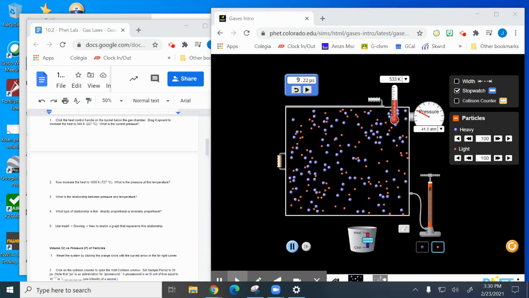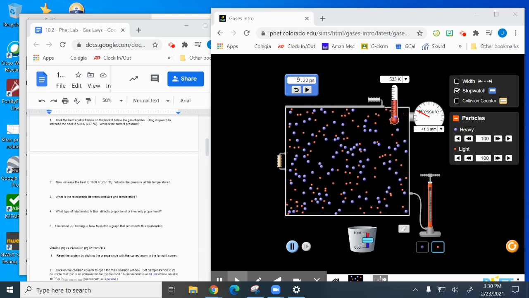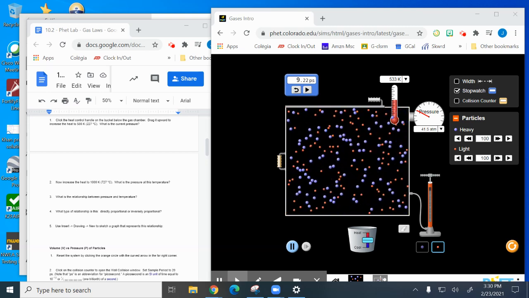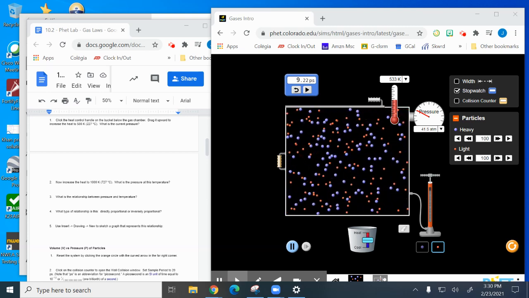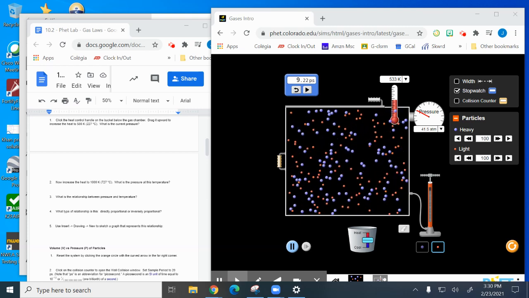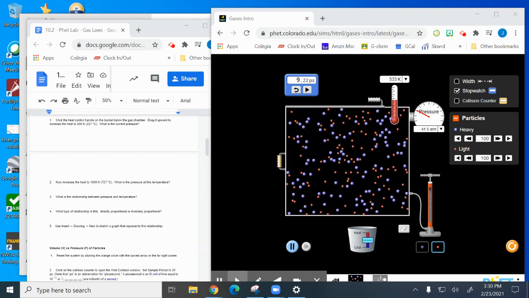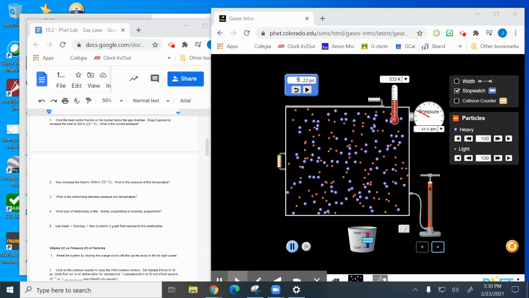Because the pressure of something is a measure of how many molecules are striking the edge of the container, specifically wherever the gauge is, but on average, they're striking the walls of the container all the way around with the same amount of force.